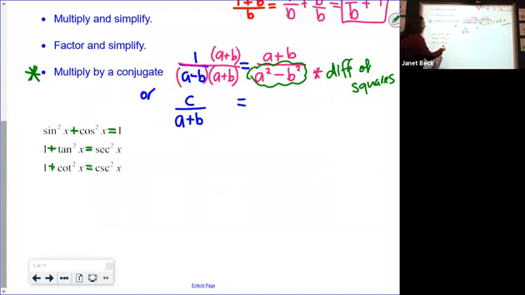You can turn all of them into difference of squares on this side by simply choosing something on the other side and subtracting it away. Like on this one, I could subtract 1 away. And I'm left with cosecant squared x minus 1 equals cot squared x. Or maybe on this one I could have subtracted this away.